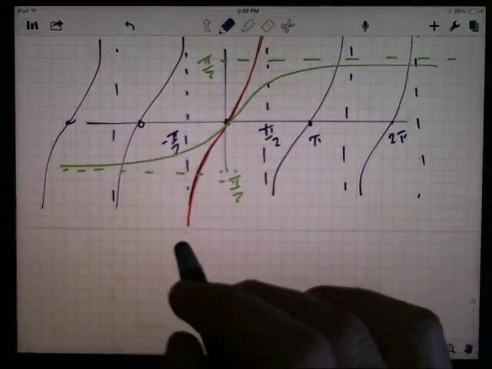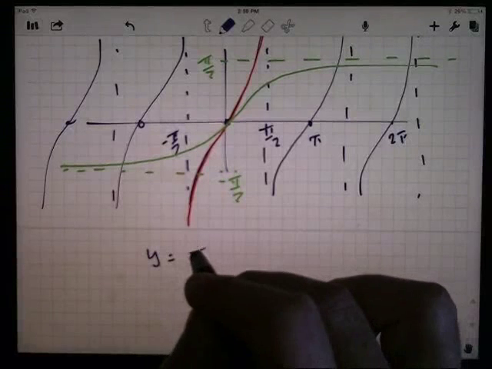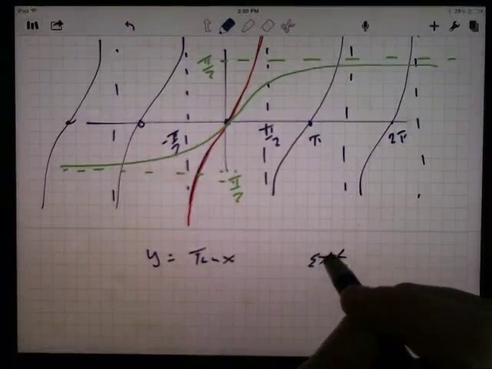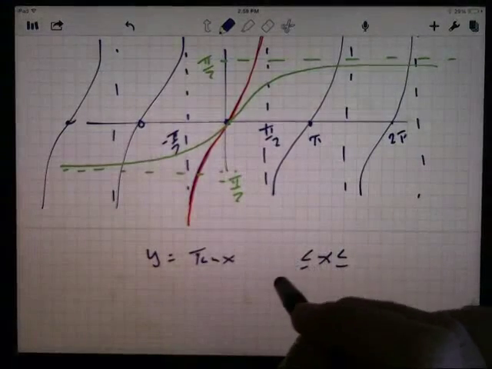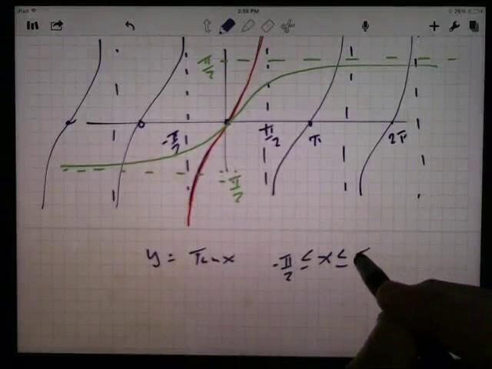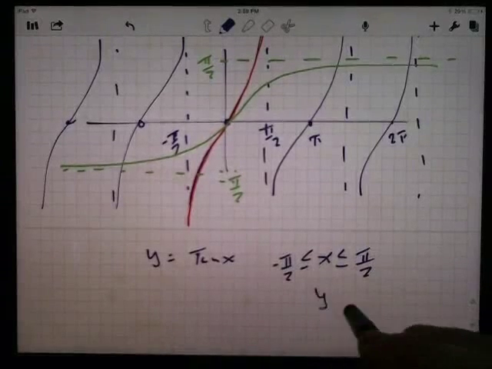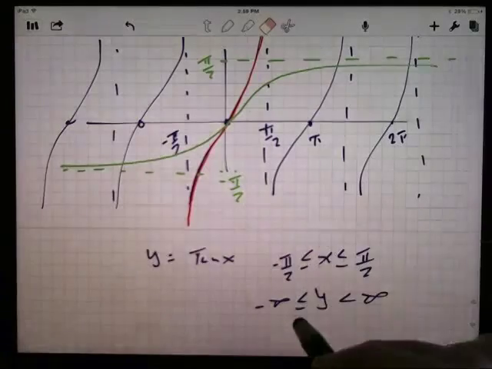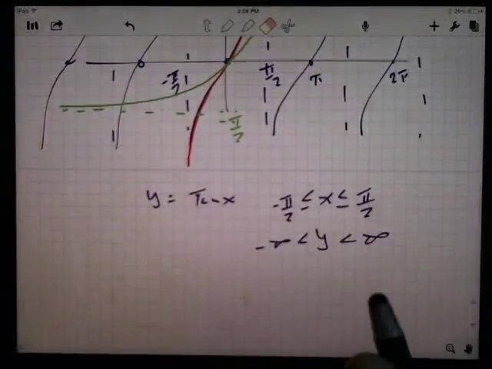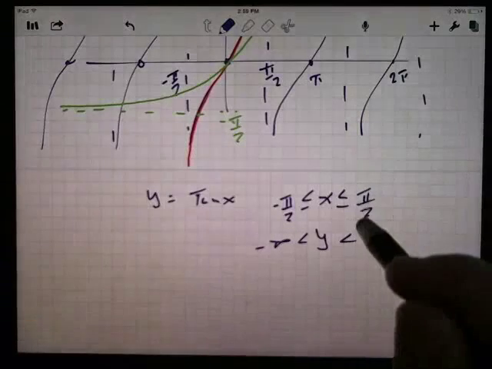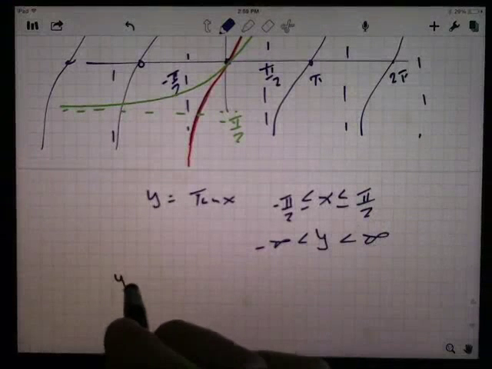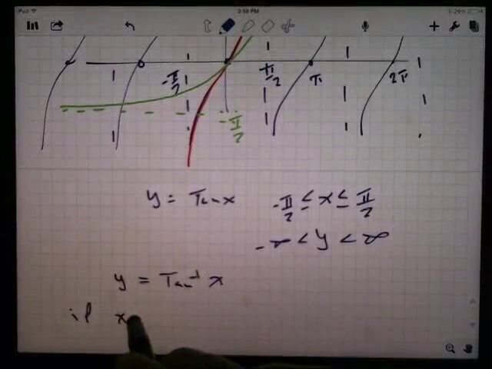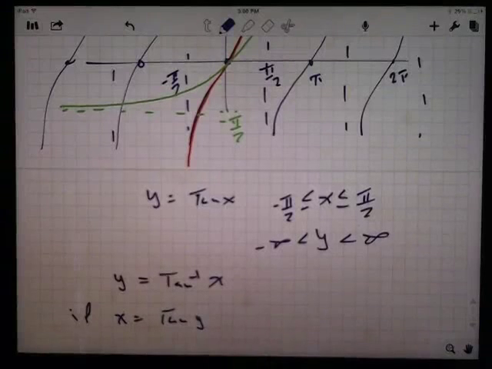So here we go. We're starting with y equals the tangent of x. X is being restricted between minus pi over 2 and plus pi over 2. The y value still goes from minus infinity to infinity. I guess you don't really equal infinity, you just get close. And so now I'm going to look at the inverse. y equals the inverse tangent of x if x equals tangent y, but I've got restrictions.